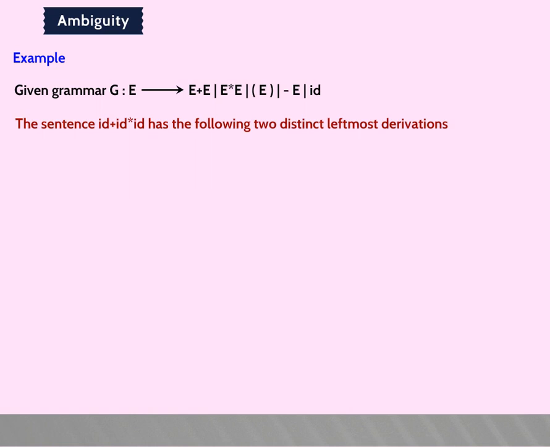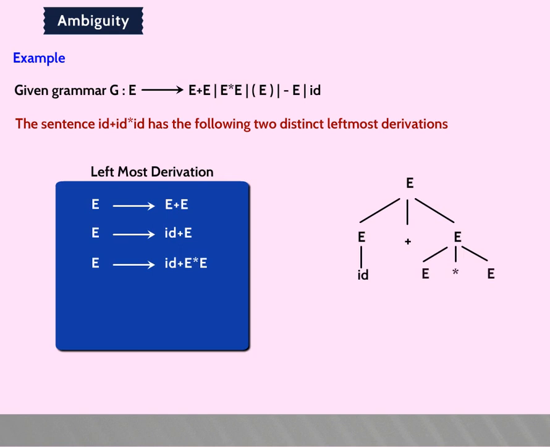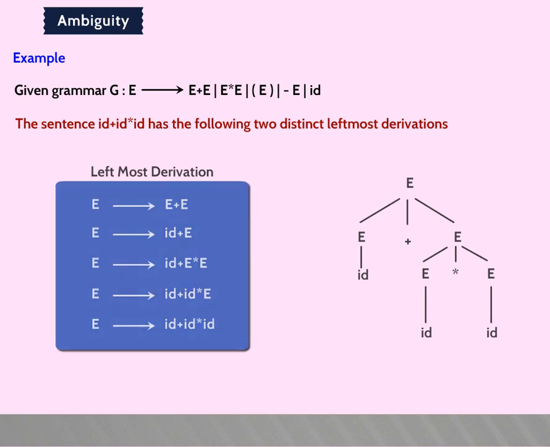The sentence ID plus ID into ID has the following two distinct leftmost derivations: E produces E plus E, E produces ID plus E, E produces ID plus E into E, E produces ID plus ID into E, E produces ID plus ID into ID.